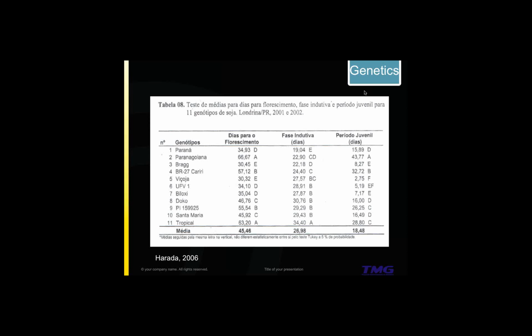So I believe that's an effect not of the indeterminate gene itself, but rather from other genes that may make these materials more susceptible to drought stress. That's my personal feeling. I hope I answered the question.